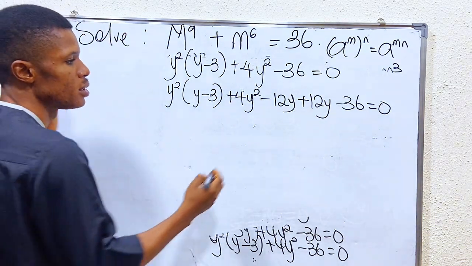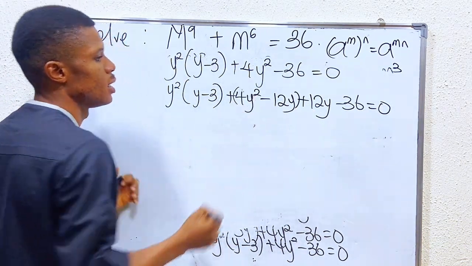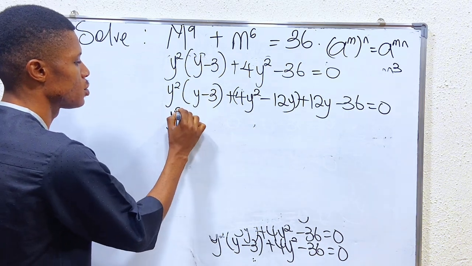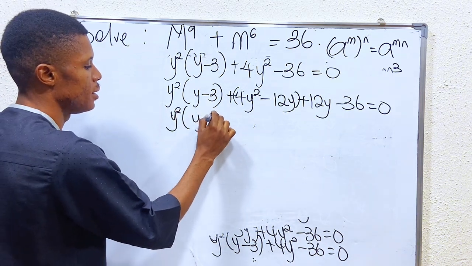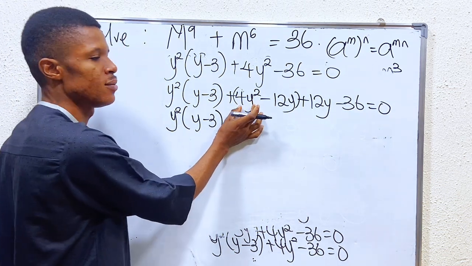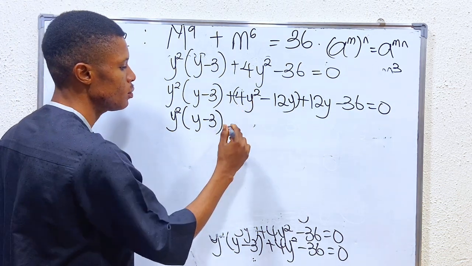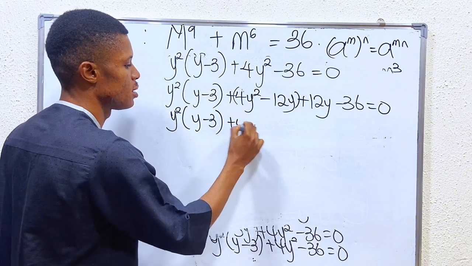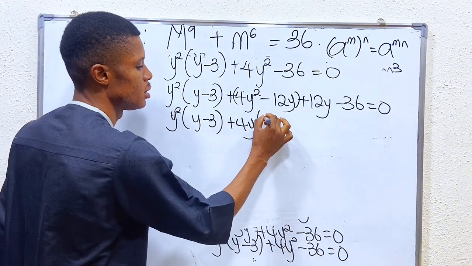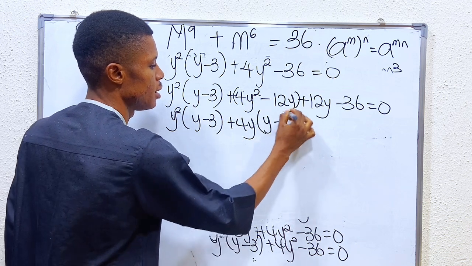So at this point, we can now factor out the common term. We have y squared into y minus 3. Then the common term here is 4y. If I factor out plus 4y, what am I left with? I'm left with y minus 3.